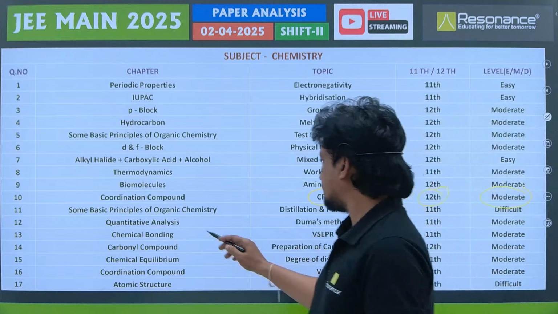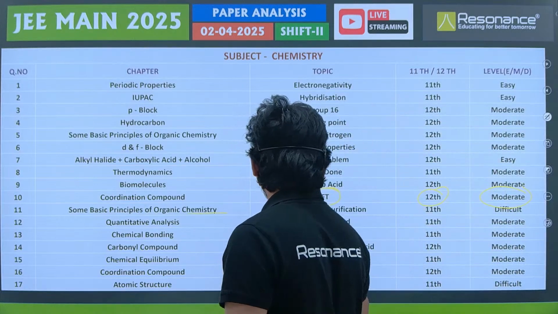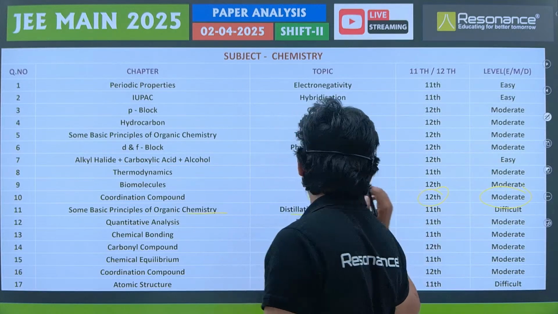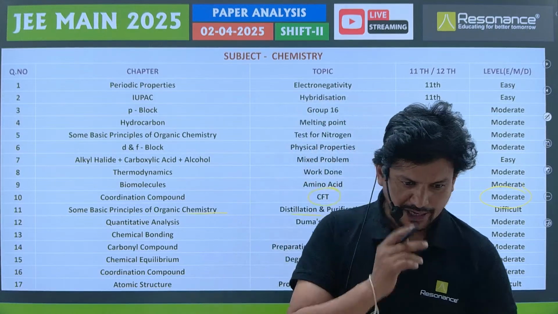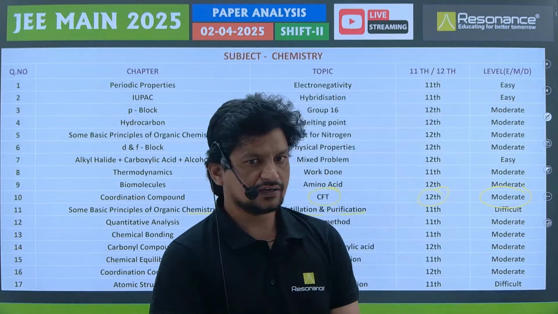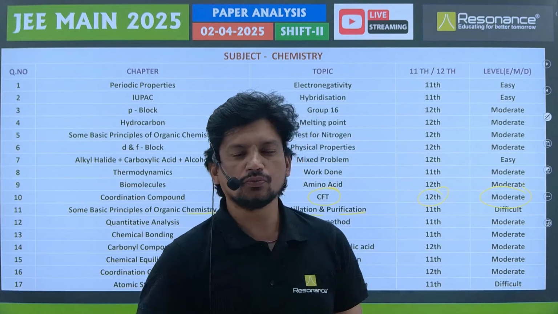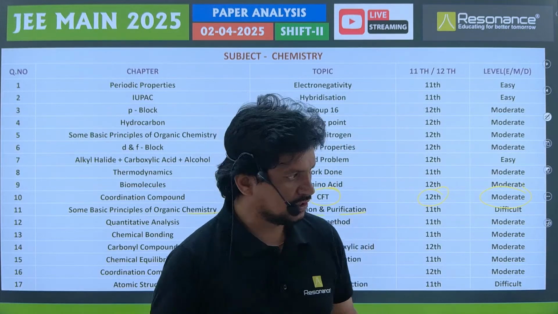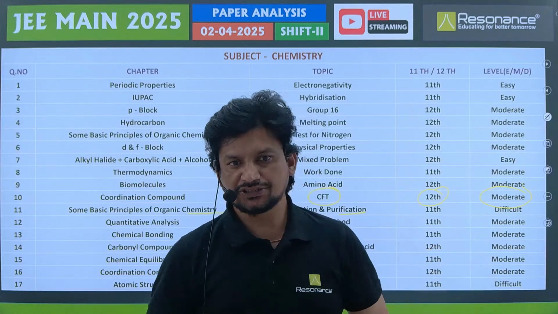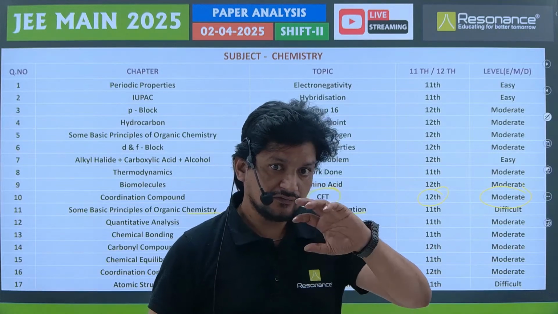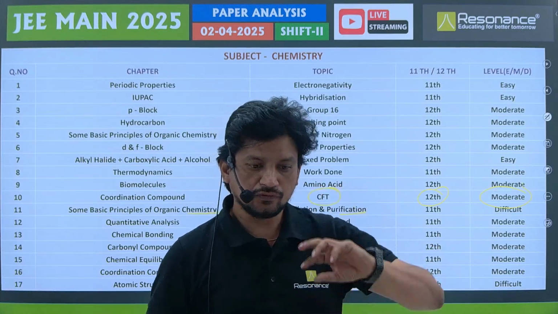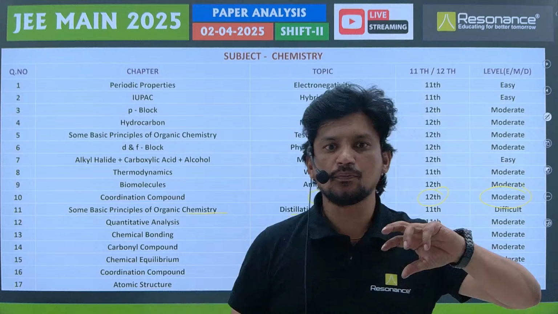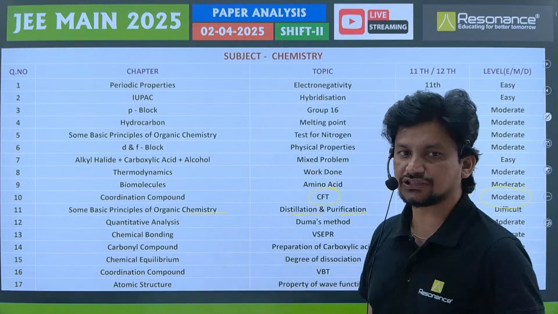Yes, some basic principles of organic chemistry, they gave distillation and purification. So it's somewhat difficult. Why? Because from organic, this is the topic where we have to memorize the examples. For example, they gave steam distillation. Steam distillation means when a component is associated with water, then we can separate the component from the mixture by using steam distillation.